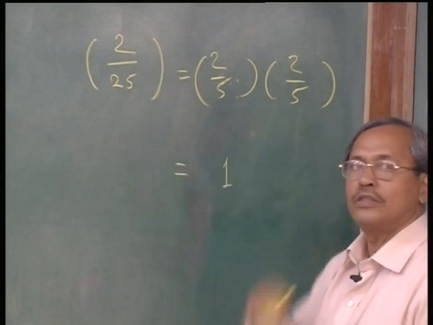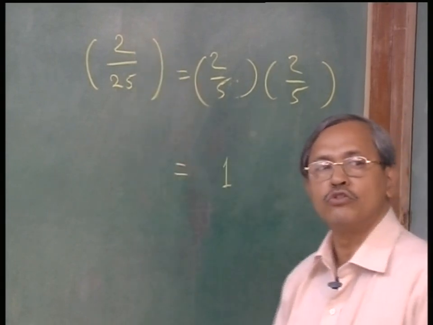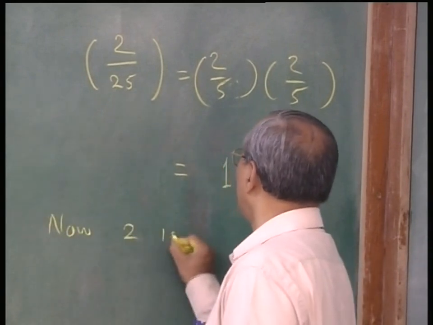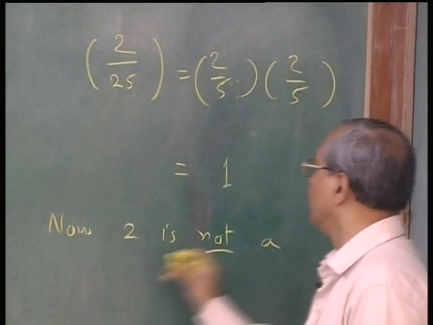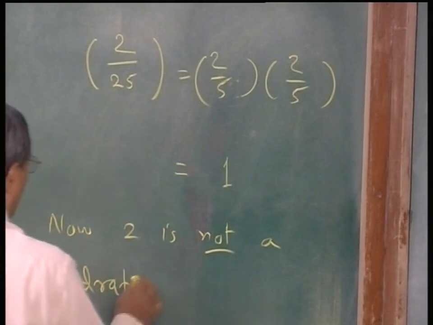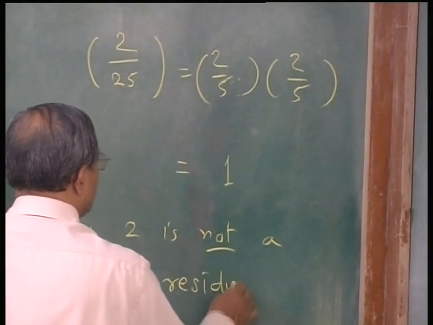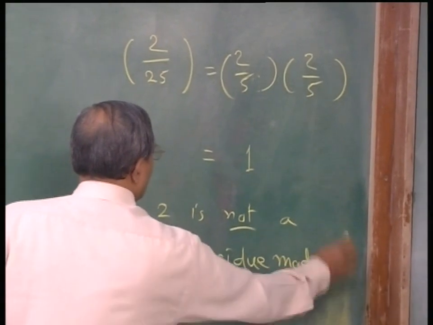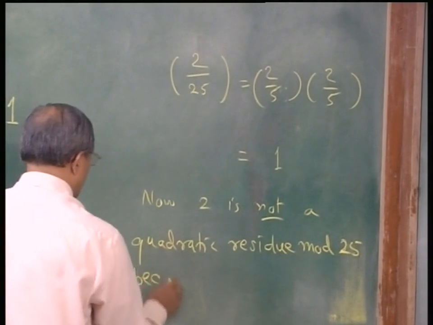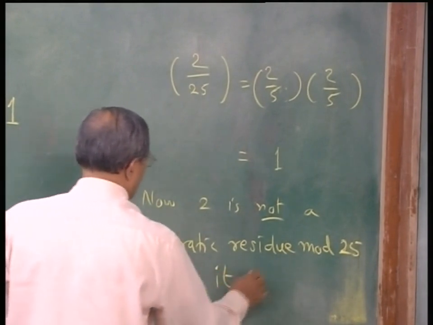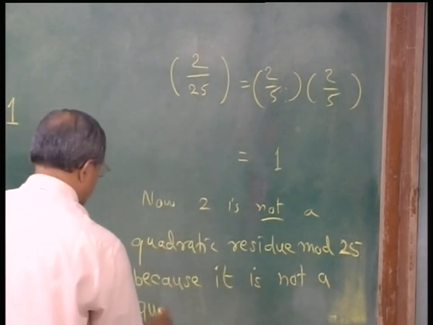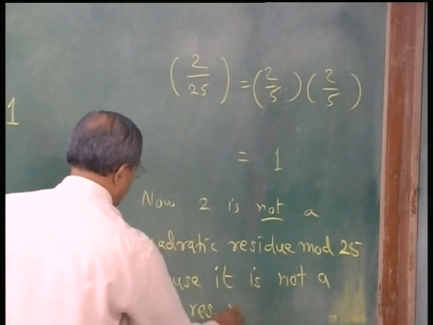But 2 is not a quadratic residue mod 25, because 2 is not a quadratic residue mod 5.